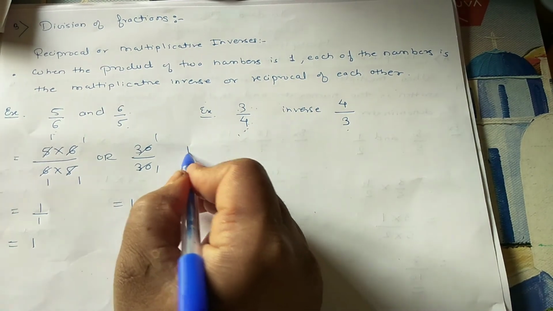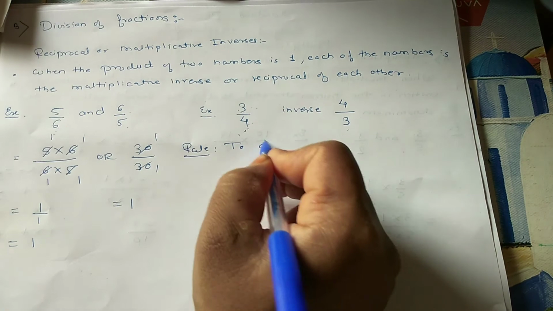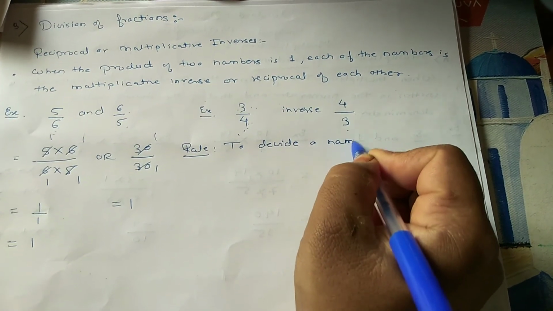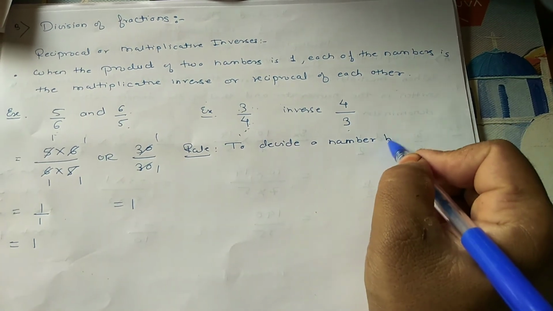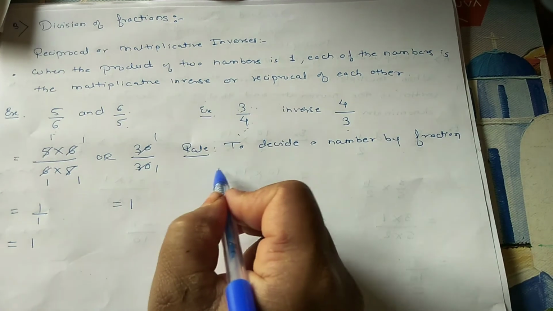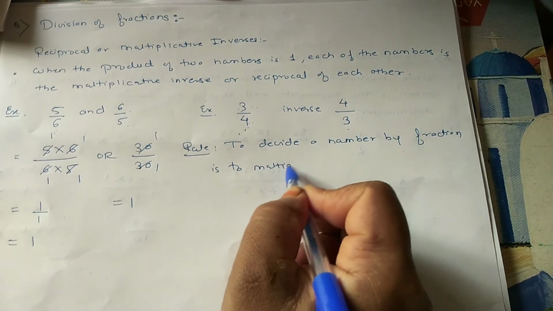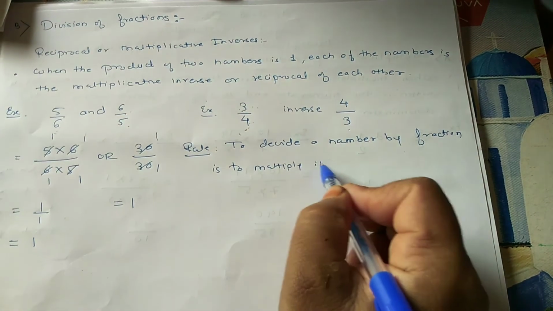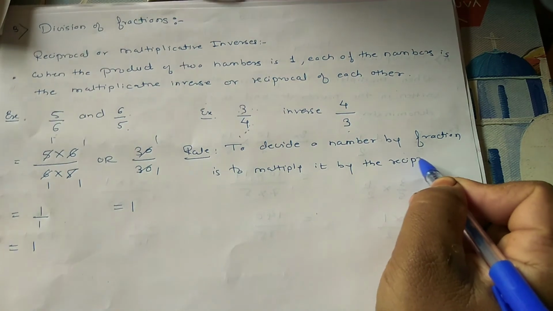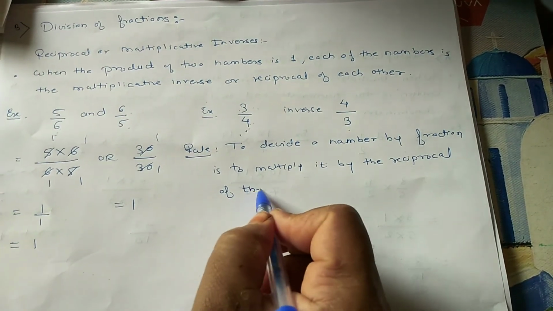For division you have to remember the rule: to divide a number by a fraction is to multiply it by the reciprocal of the fraction.